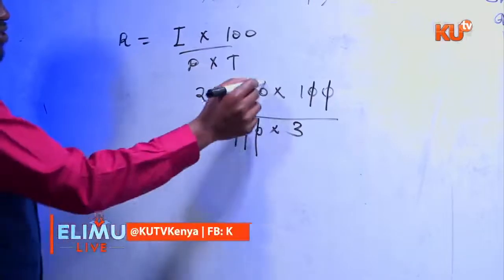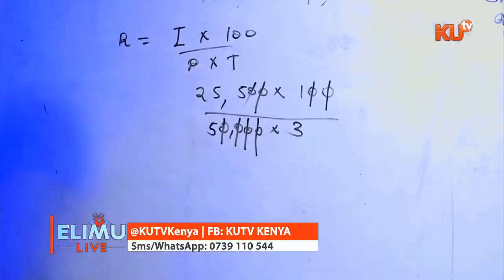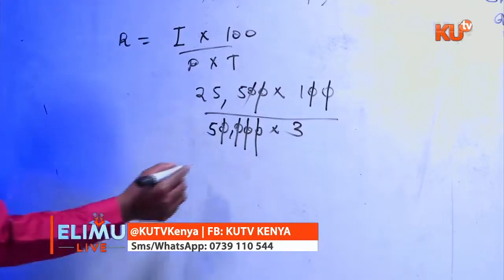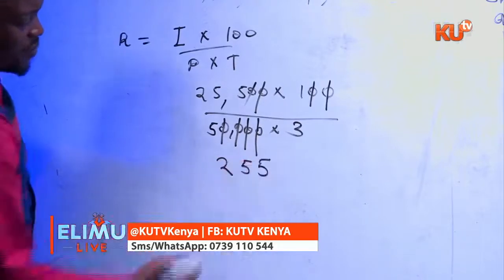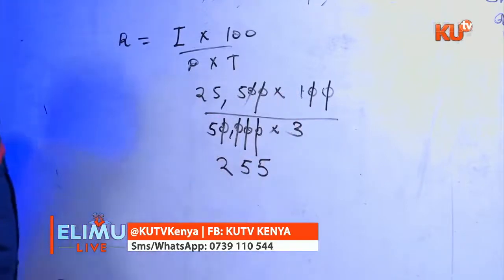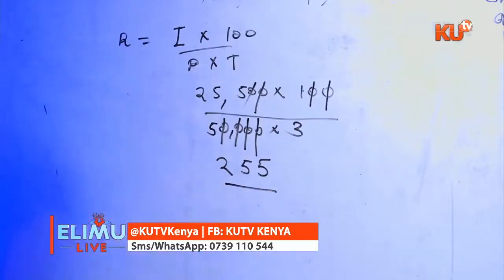The 0 here cancels with this 0. This 0 cancels with this 0. So we shall be having 255 times 1. I believe that one, you know, it's just 255. Any number multiplied by 1, the number remains so.